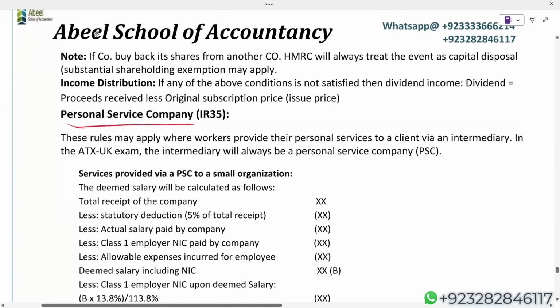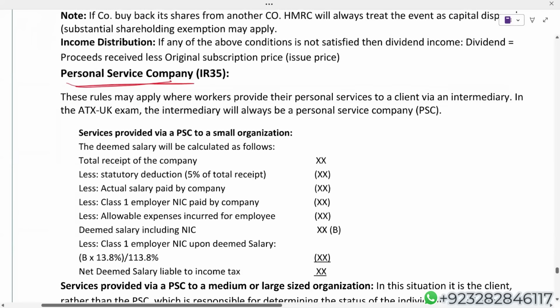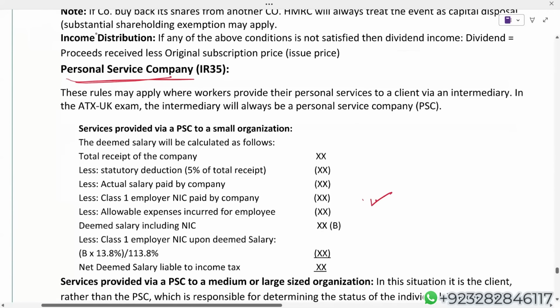Personal service company: students, you have to memorize the format. There is one individual who has set up the entire company, and that individual, in their personal capacity, provides the services. Then the IR 35 rule applies.